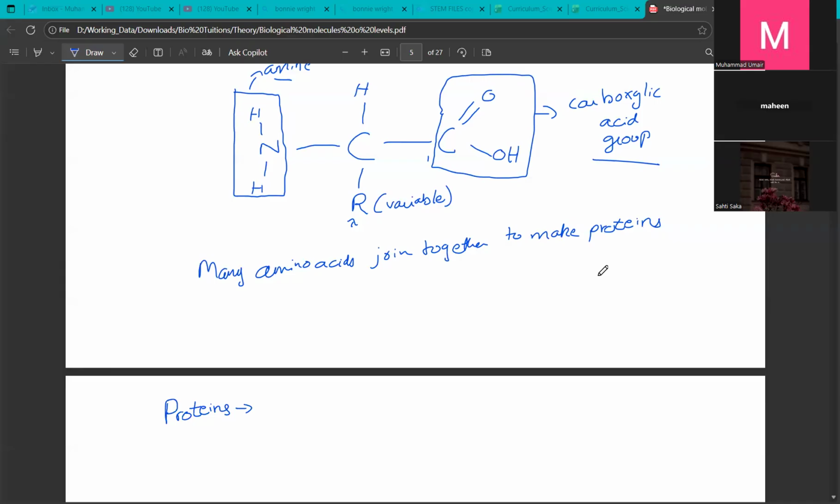Instead, proteins का main काम है to make everything that makes up our body. Meaning इसका structural role है. Your bones, your nails, your muscles, your hair, they are all made from different proteins.